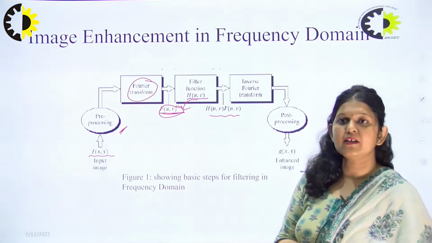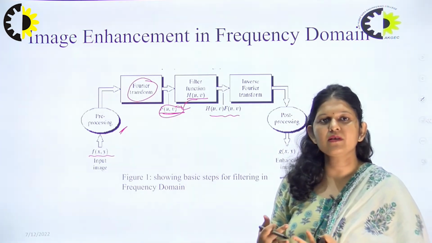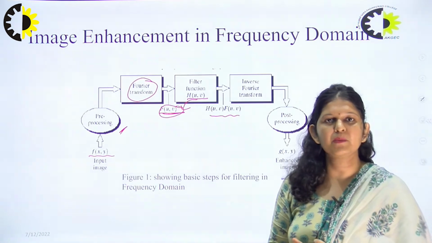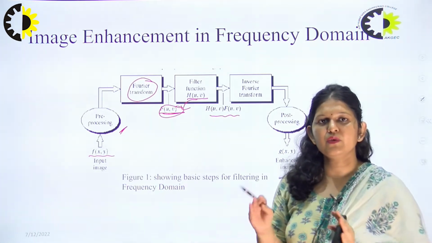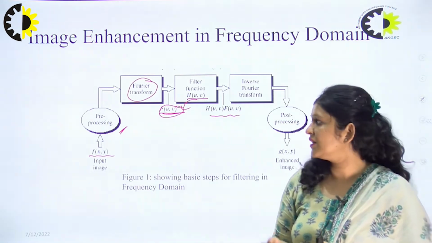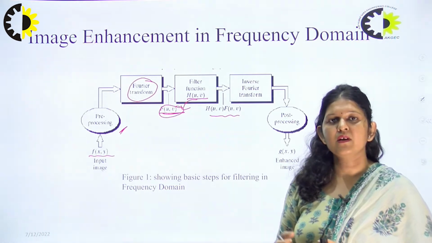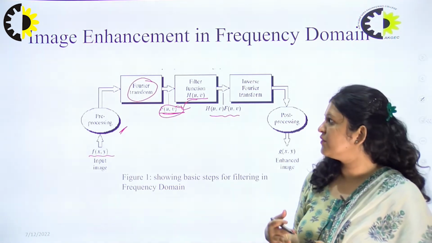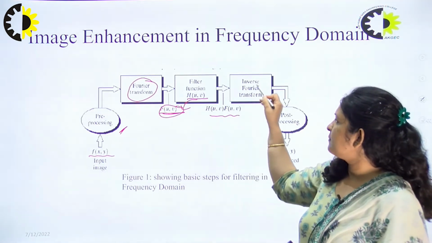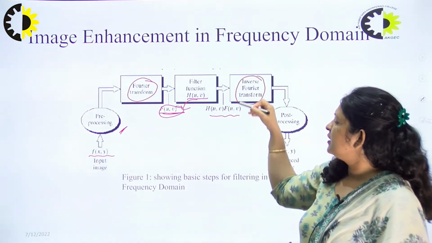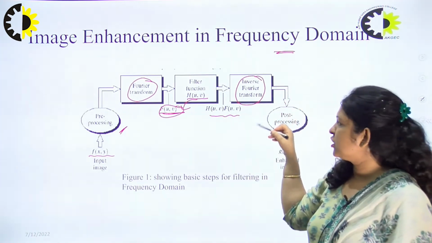Now if we want to convert this filtered image back to the spatial domain, because the visibility of the image is only in the spatial domain, we just do the processing in the frequency domain. We are not able to see the image in the frequency domain. It's just for the processing purpose or to reduce the calculations that we convert the image from the spatial domain to the frequency domain. So we again apply the inverse Fourier transform. This would convert back the image from the frequency domain to the spatial domain.